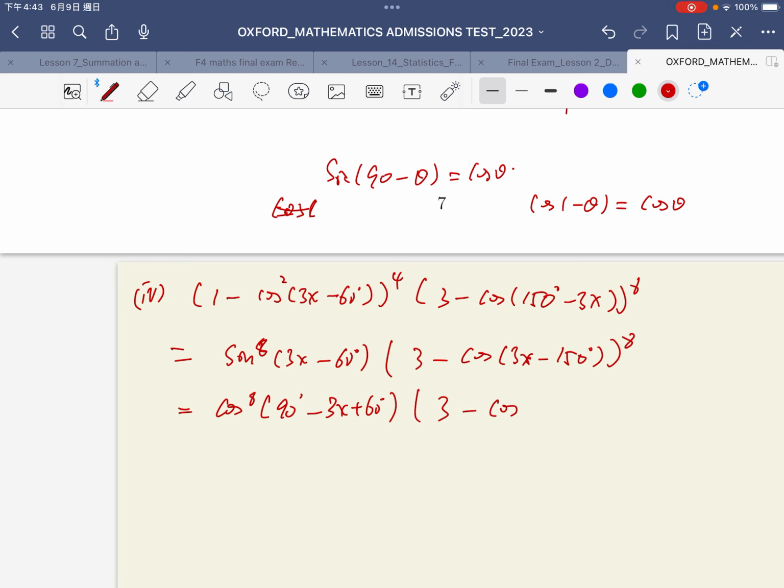Finally, I change all the stuff into the form of cosine.